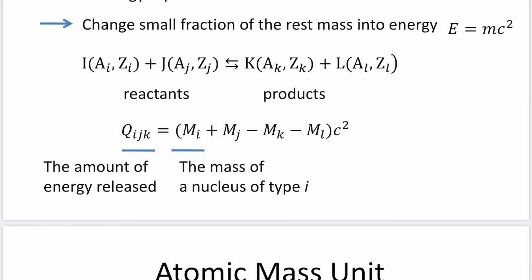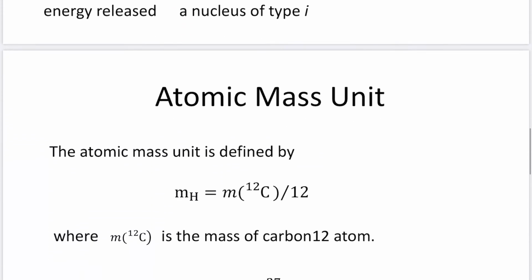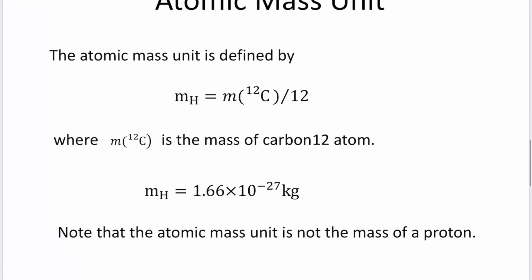So the change of the mass times c squared gives us the total amount of the energy produced in the nuclear reactions. It's better to introduce the atomic mass unit. The atomic mass unit is defined by this equation. M sub h does not mean the protons.